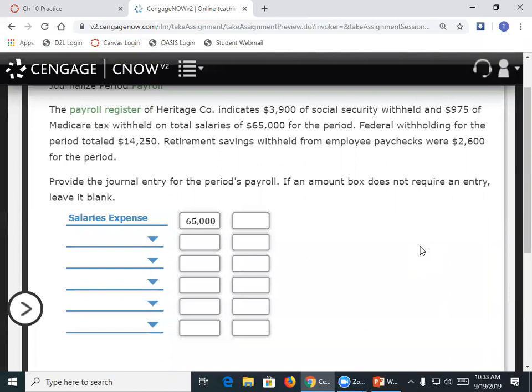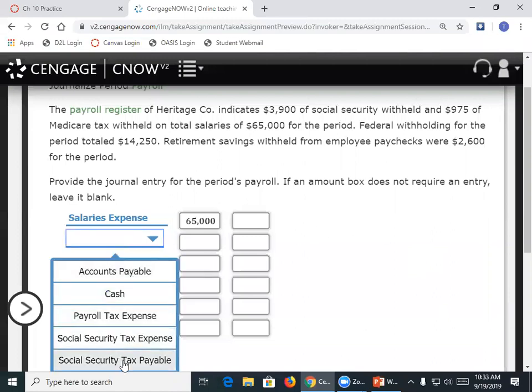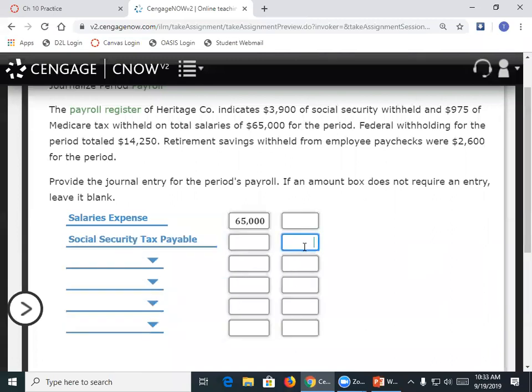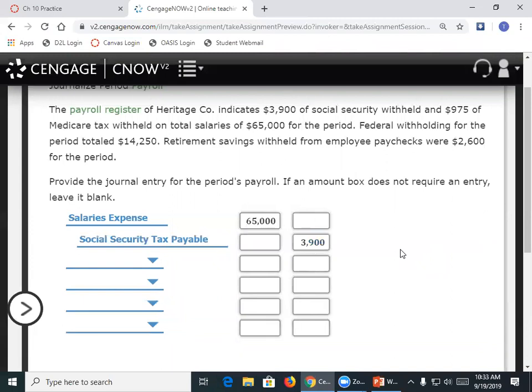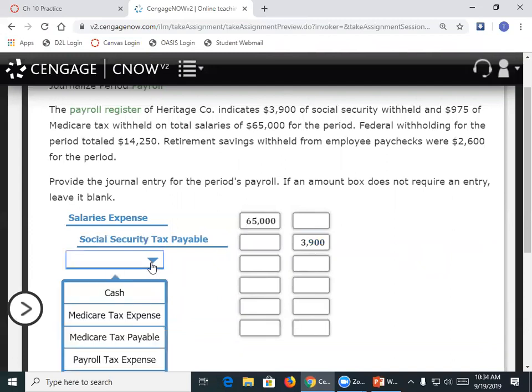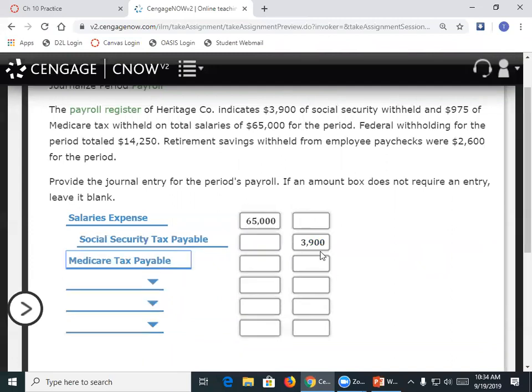Then we just need to go in and credit all of the payable accounts, all the withholdings, okay? So the first one, we would have Social Security tax payable. Make sure you choose the payable. And they gave us that amount, 3,900 credit. Next, we would do Medicare tax payable, which again they gave us 975 credit.